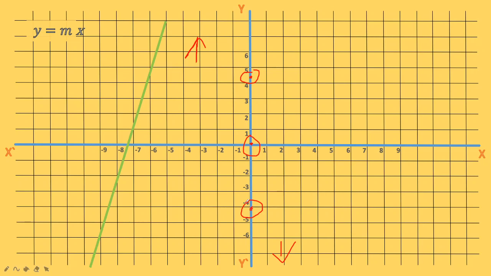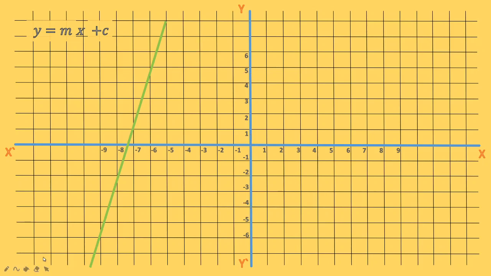So if we can calculate the y-intercept, or any intercept, we can know how the line moves. So that is why I will add a value like this, plus c, where c is the y-intercept that you have already studied.